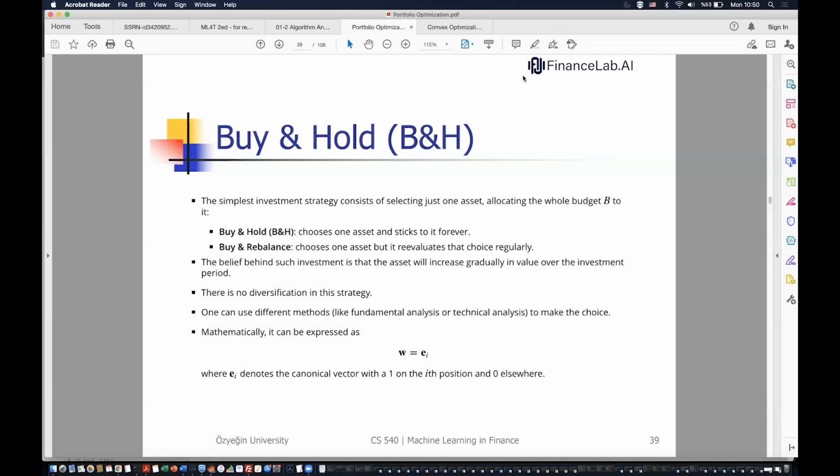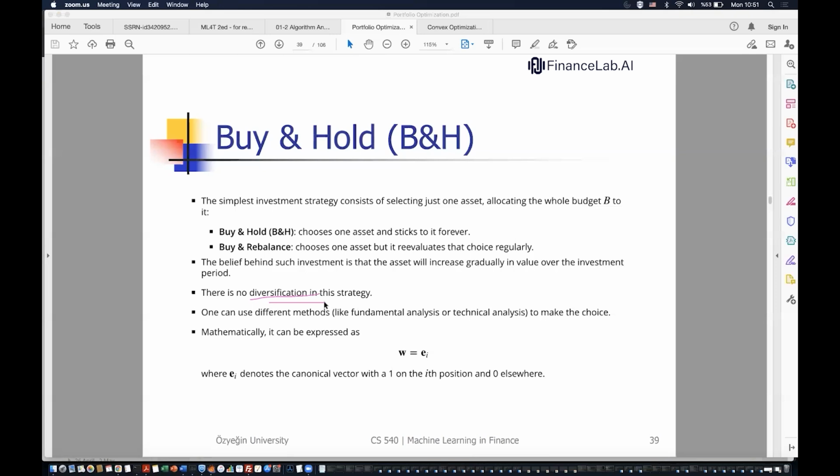The belief behind such an investment is that the asset will increase gradually in value over the investment period. So we try to select an asset that will give us the highest return. And in this case, the thing we are using the variance for when selecting a portfolio instead of a single asset is diversification.